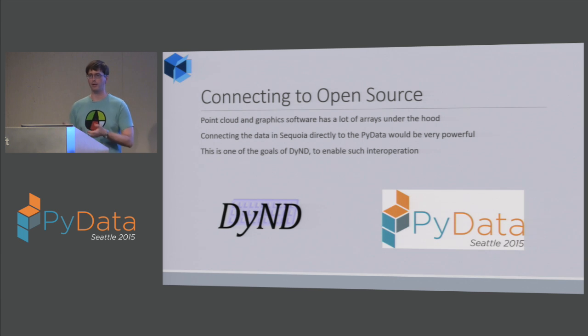I think the kind of data that you have in a point cloud system should be easily accessible to other systems, and the development of Dyn is aiming towards providing that kind of infrastructure.